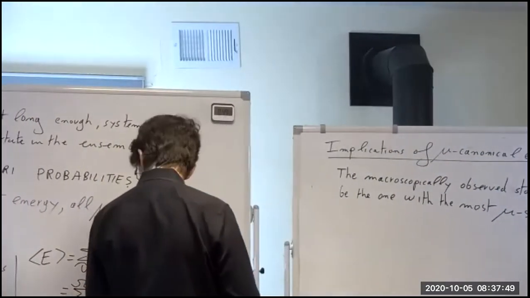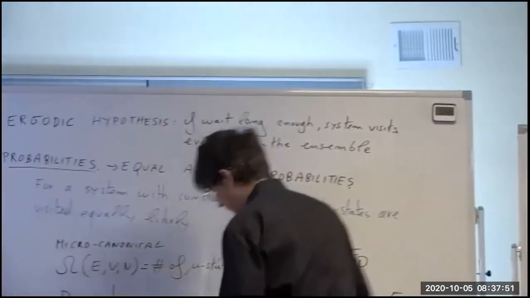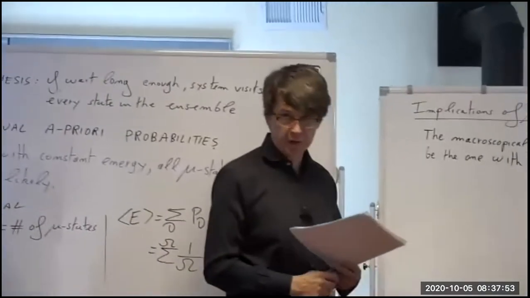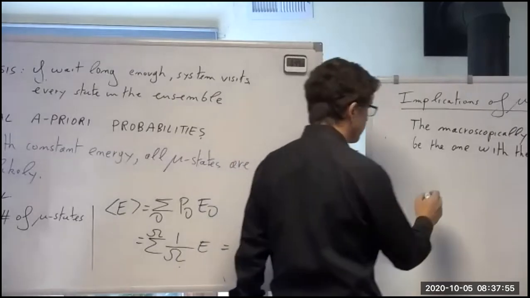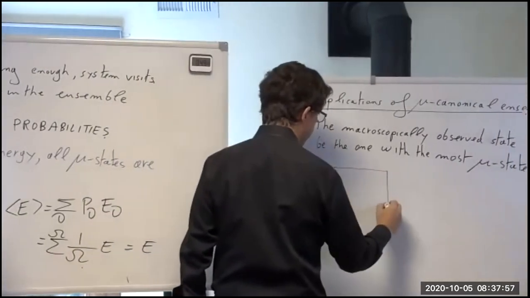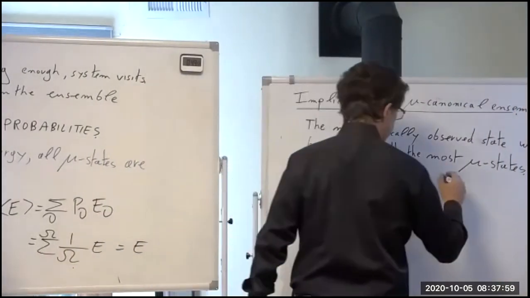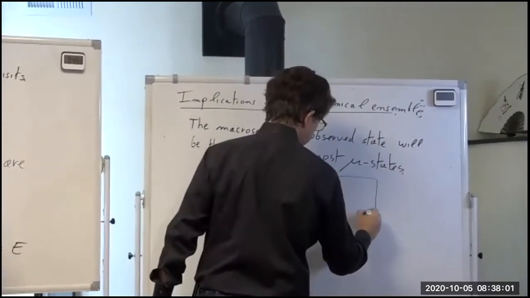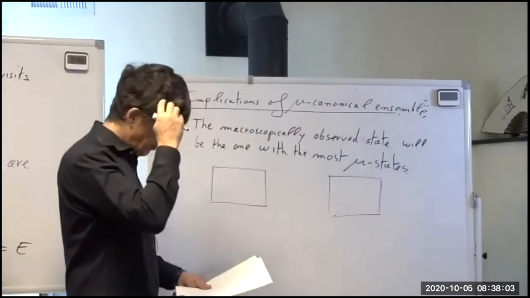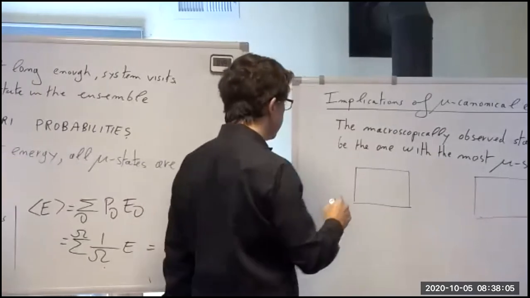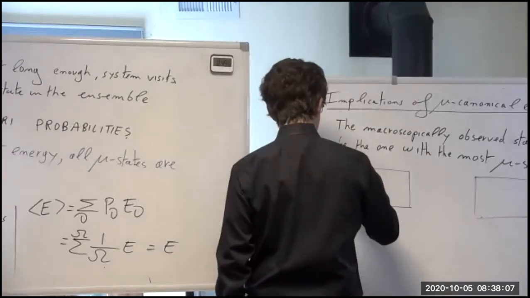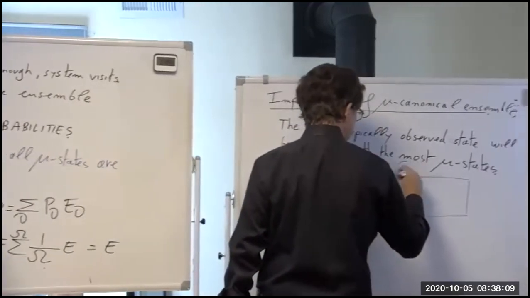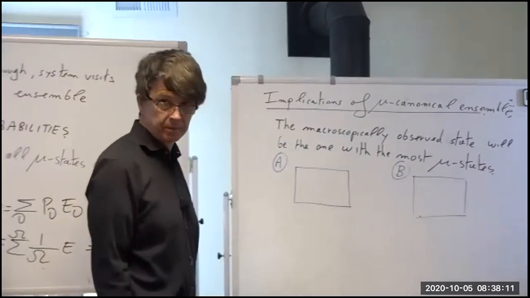Let's say we have a non-interacting gas. So we have gas atoms in a box. And it's a fixed box. It's not interacting with the outside world. And I want to look at two macroscopic states. So my label A and B is the label of a macroscopic state.